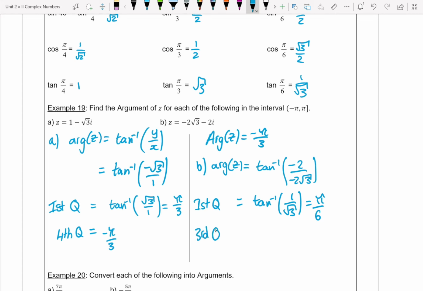If we were here, that would be pi on 6, but we actually want this angle. So we need to take negative pi, plus pi on 6, sorry, because it's going in the anti-clockwise direction. So that would give us negative 5 pi on 6, which is our capital A Arg of z.